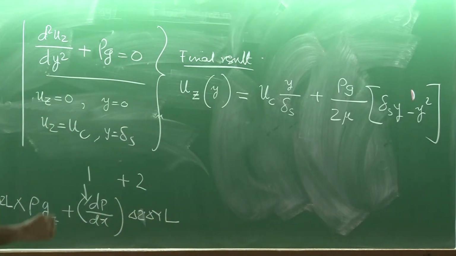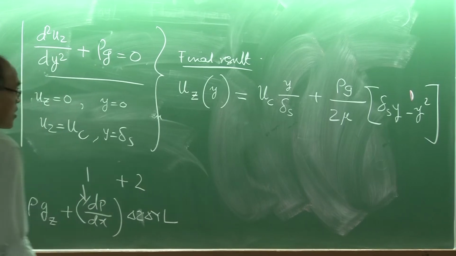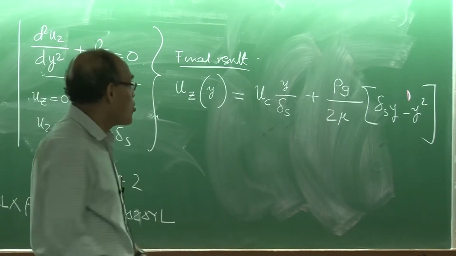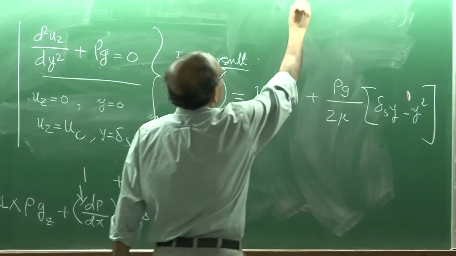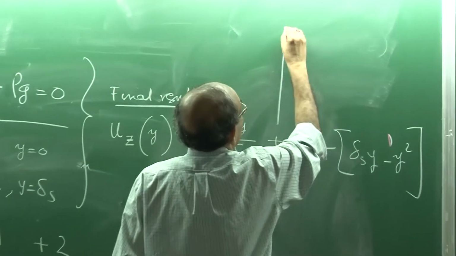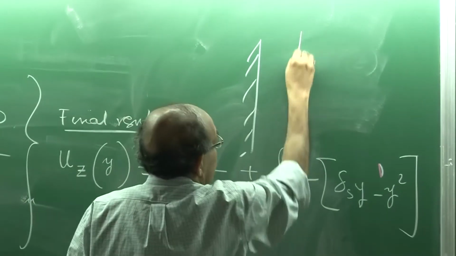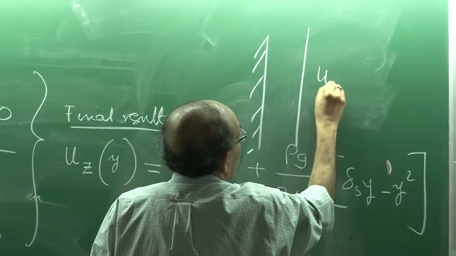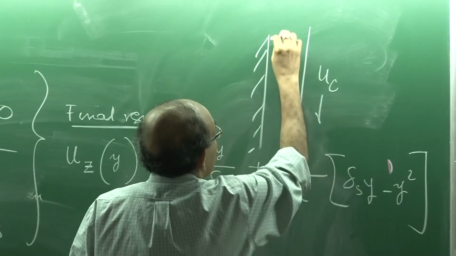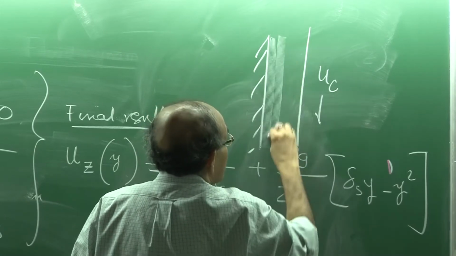Okay? And now, we can do many things here. We can find out an average velocity. An average velocity means, if the film is like this, the casting is moving in this direction. So, there is a velocity which is a function of y.